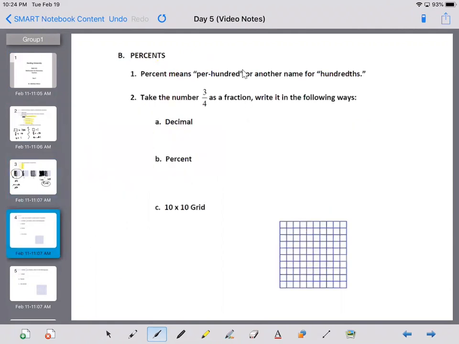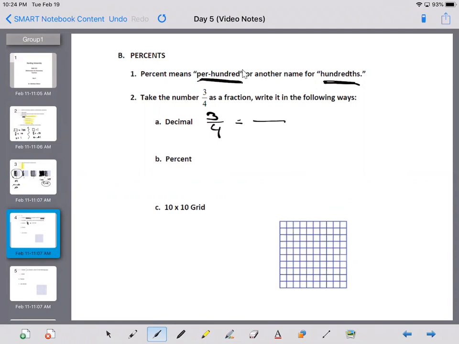When we talk about percentage, we're talking about what it means, and it's per hundred, which is another name for hundredths. So when we take 3/4 as a fraction, and I want to write that as a decimal, we're thinking about what that could be equivalent to in hundredths.